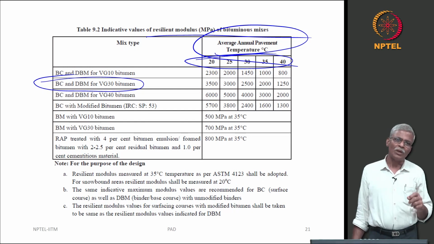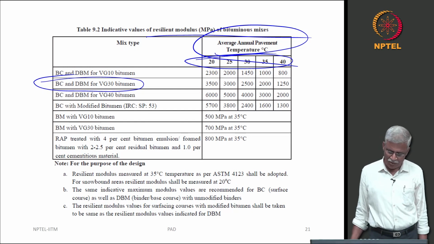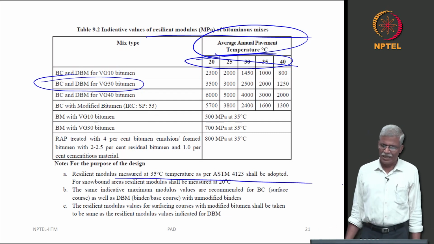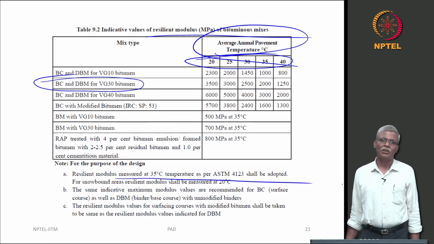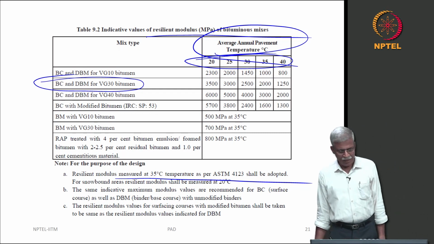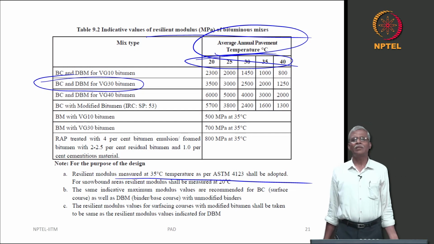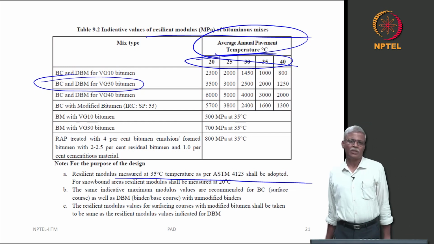Okay. Now, read this carefully. Resilient modulus measured at 35 degrees centigrade as per ASTM 4123 shall be adopted. Now, there is a small problem here, because IRC is aware of it. This ASTM 4123 is withdrawn.